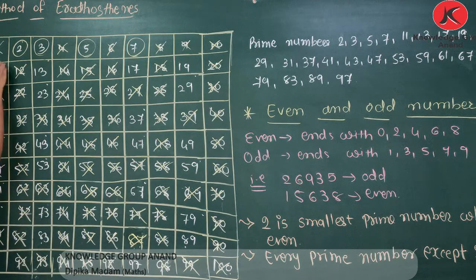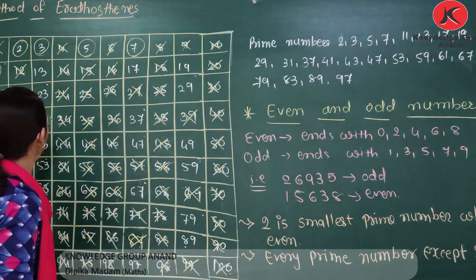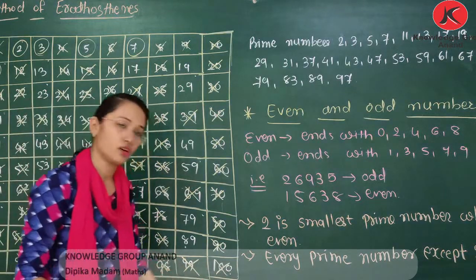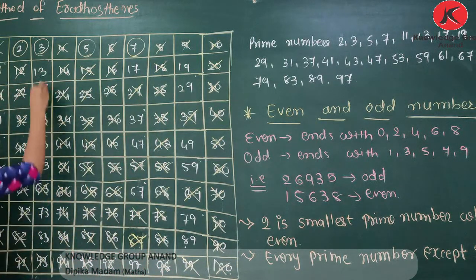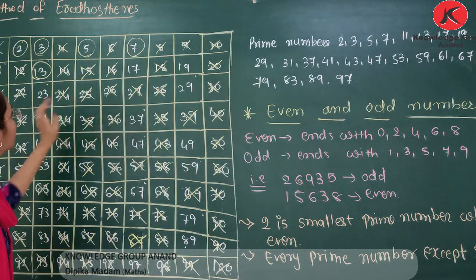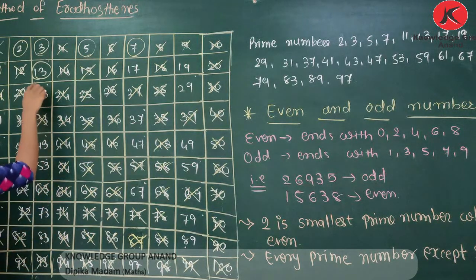Now 11, 22, 33, 44, 55, 66, 77, 88, 99 already crossed. Now 13. Okay, already crossed all multiples of 13.